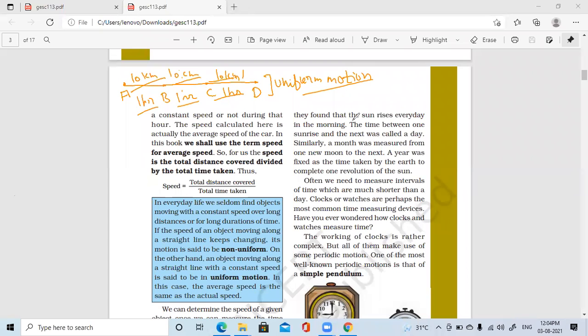But on the other side, if the distance is not same.